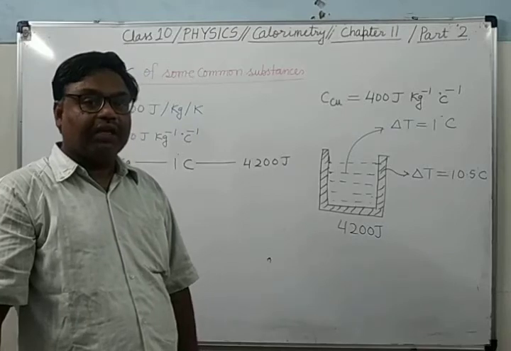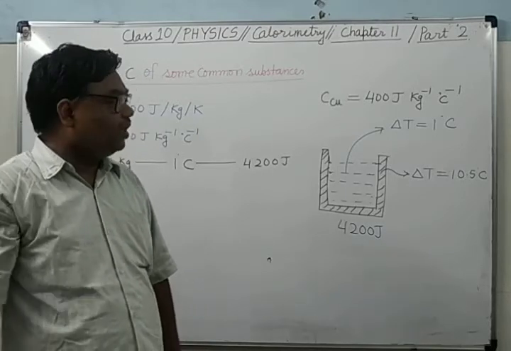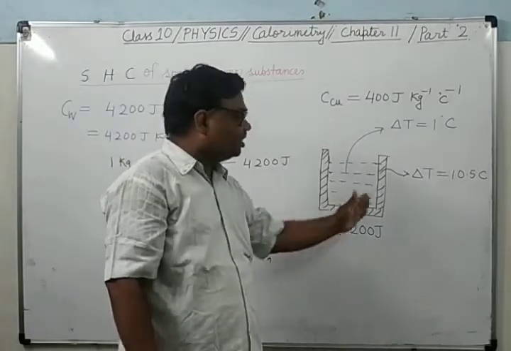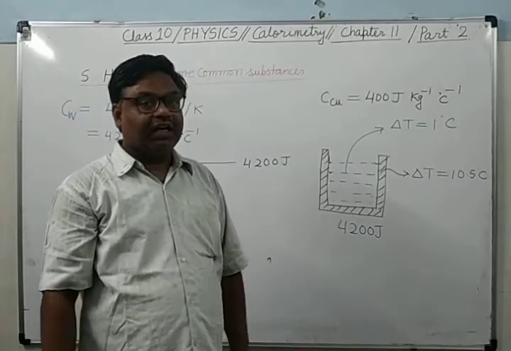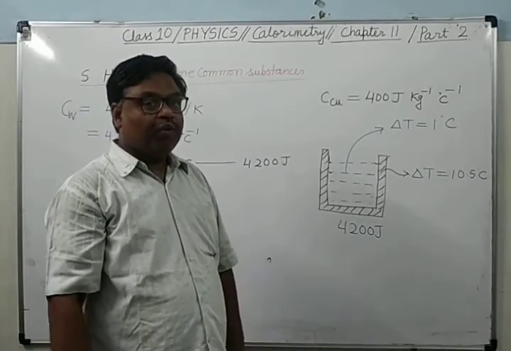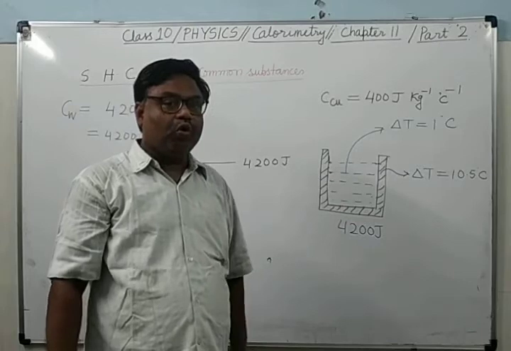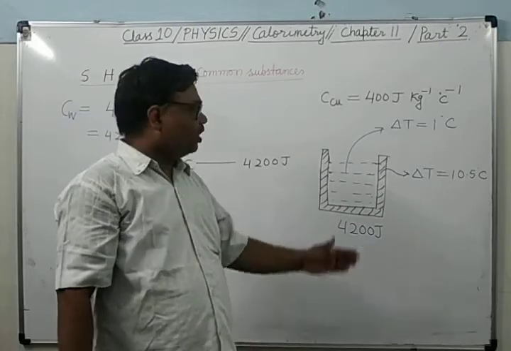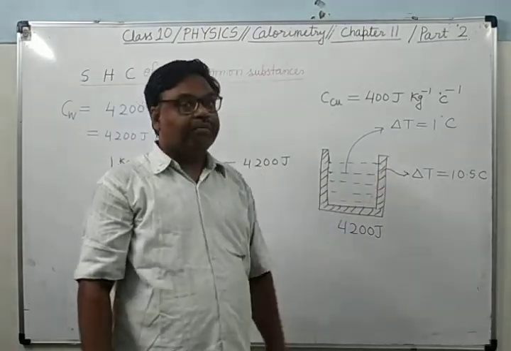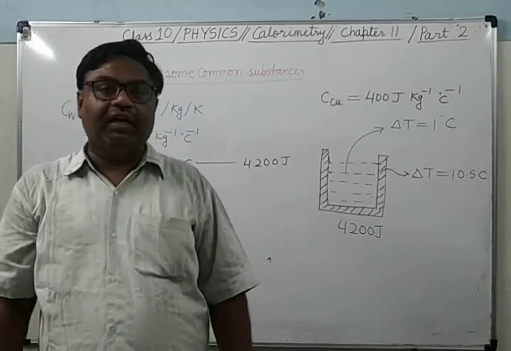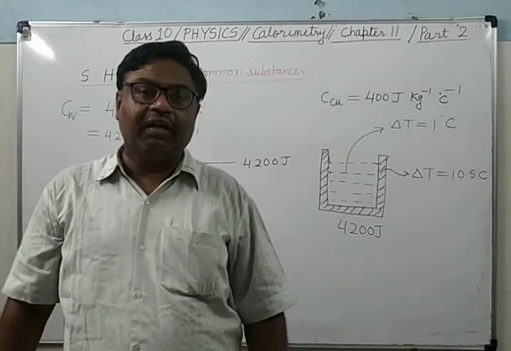There will be unequal rise in temperature, because their SHC is different. Now which one is the better conductor here? Naturally it is the copper, because it is heating quickly.